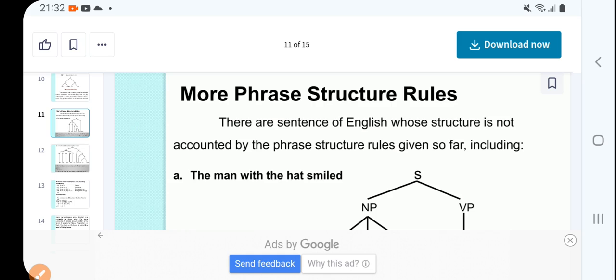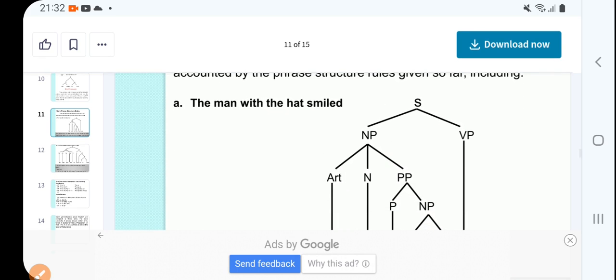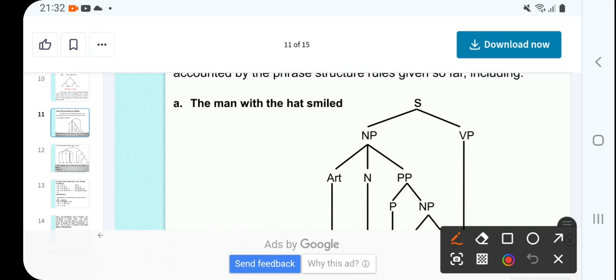There are sentences of English whose structure is not accounted for by the phrase structure rules given so far. So whatever rules were given above, here some more rules are there. For example, the man with the hat smiled, right? So here actually it can be just the man smiled. With the hat is extra, parenthetical.